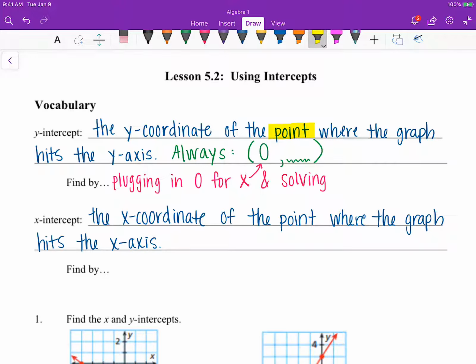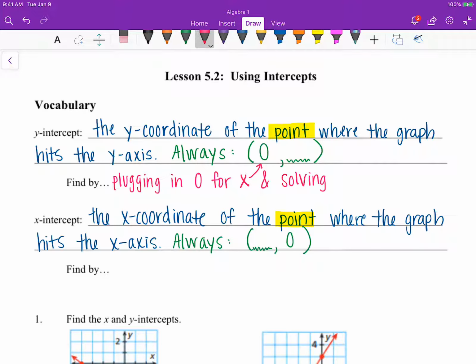And again, because it's a point, it's always going to look like that form: something, comma, something. Because we're trying to figure out what x is, we're not going to know what goes here until we actually solve it, but we're going to be putting 0 in the y position.